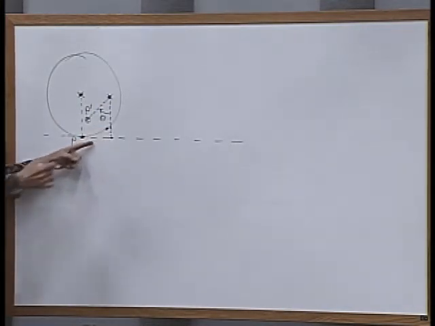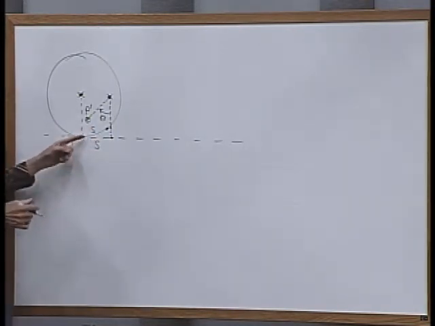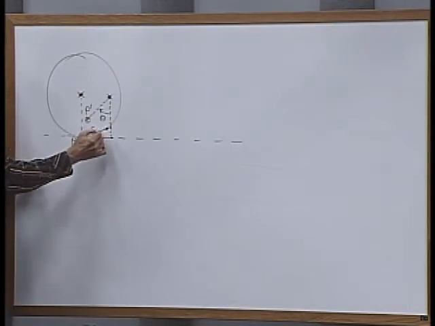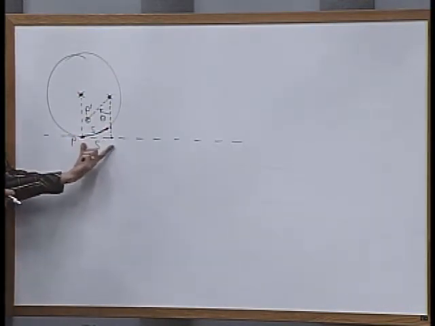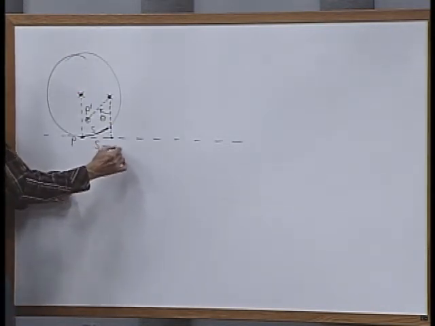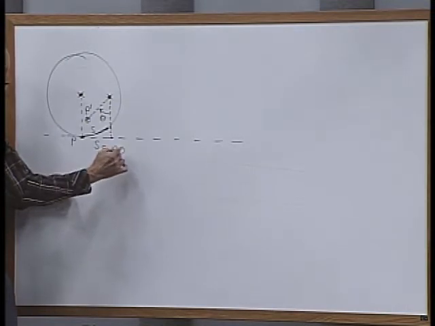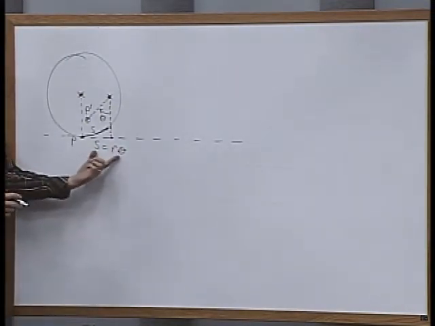So here is an arc length of tread that is laid down on the ground. That arc length is S, and S is R theta, right?